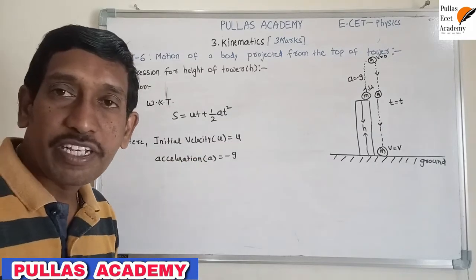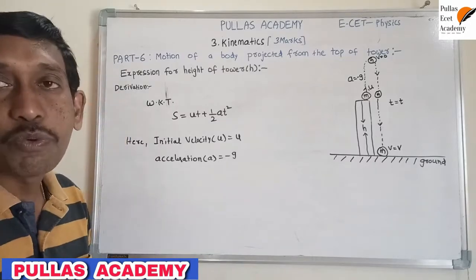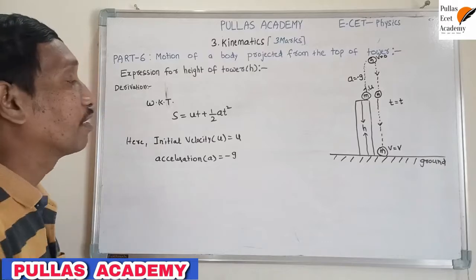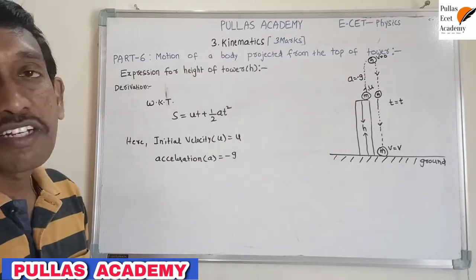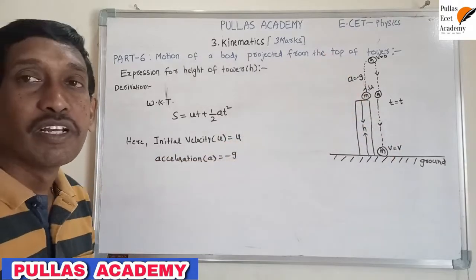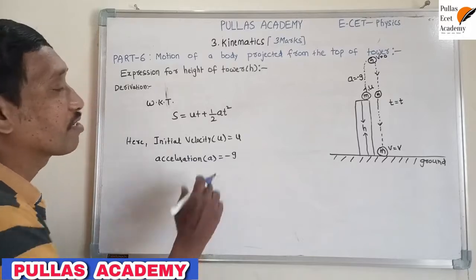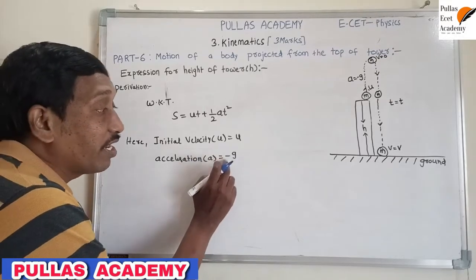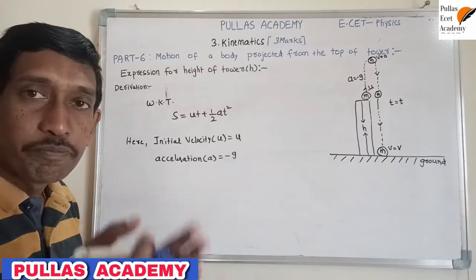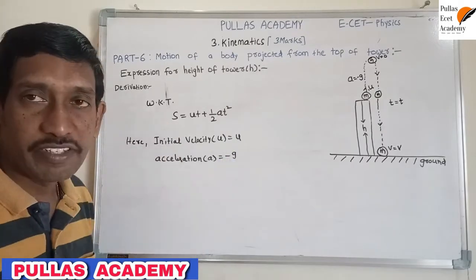When any object moves away from the ground, it takes minus; otherwise, when it moves towards the ground, it takes a positive sign. This body is moving under the influence of gravitational force, so this uniform acceleration is similar to the acceleration due to gravity, small g. Why we use the negative sign, I already explained clearly in the previous video. So just understand here that a is minus g.